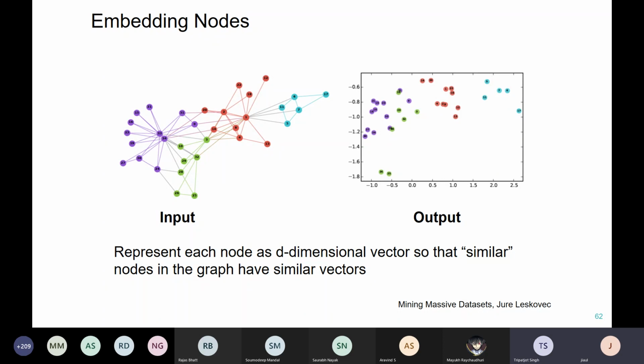For every node, we will represent it in a fixed dimensional vector space, in such a way that similar nodes in the graph have similar vectors. If two nodes are very similar in the original graph, then when you convert these nodes into vectors, the vectors will also be very similar. That means the angle between these two vectors will be very small. Okay.